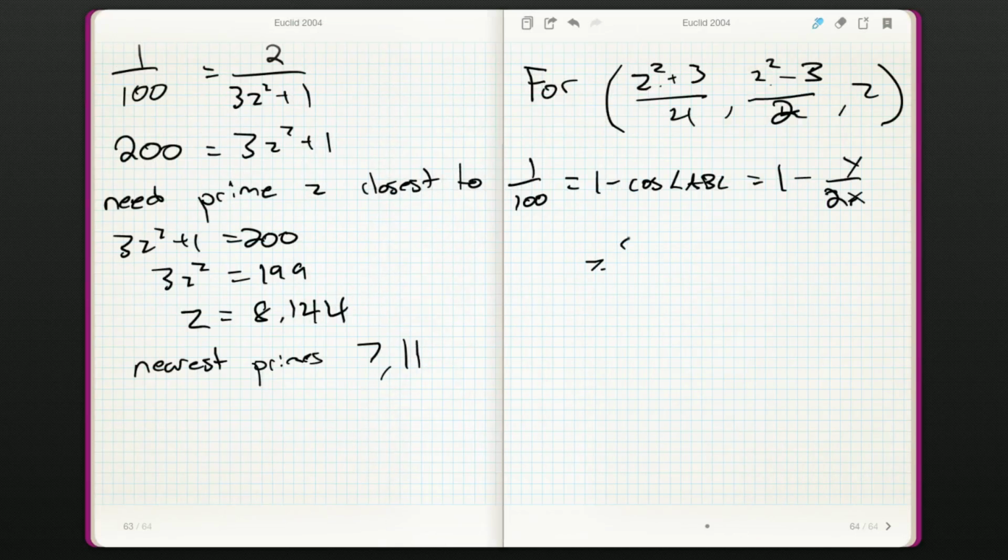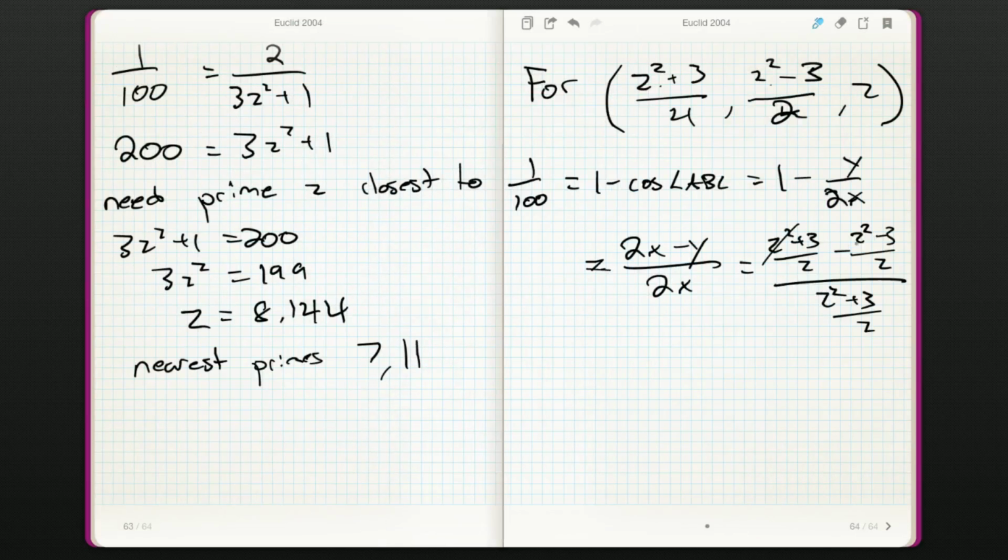But that's just going to be 2x minus y all over 2x. And then that's going to be z squared plus 3 over 2 minus z squared minus 3 over 2, and then z squared plus 3 over 2 here. The z squareds will cancel out. We'll get a 6. And the 2's will cancel out with these 2 here. 6 over z squared plus 3.